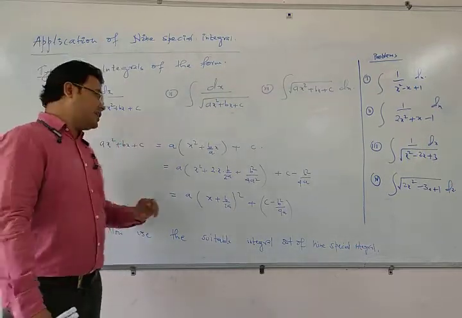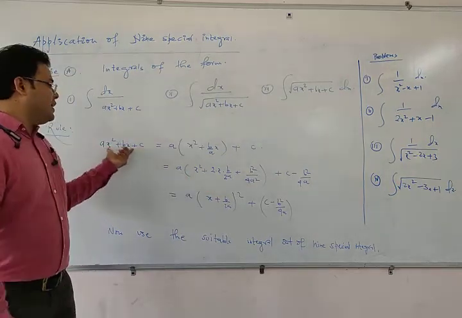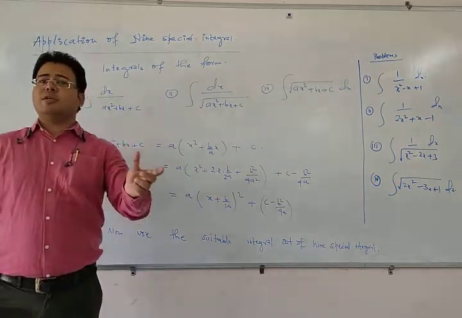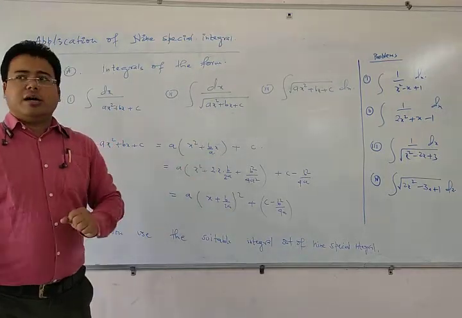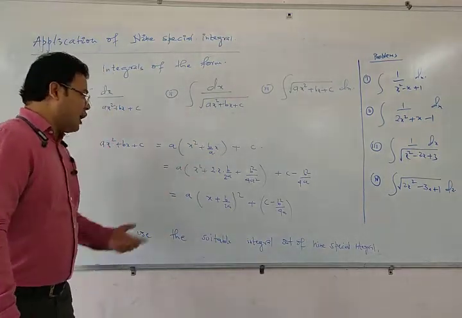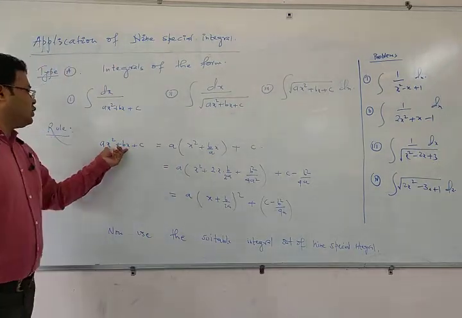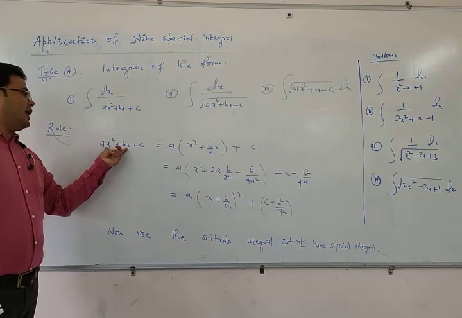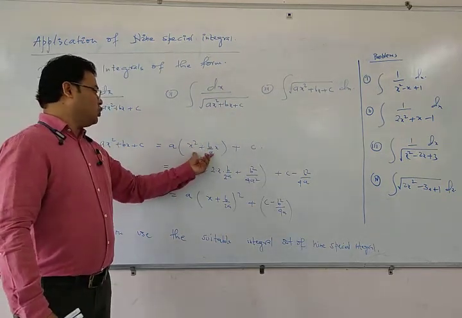So here you can see that this is the quadratic expression, and we can express it as a sum of perfect squares. Let us see how we do this. We take the first 2 terms and take a common factor outside these two terms.